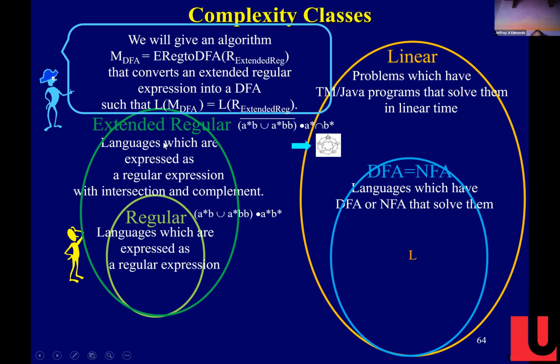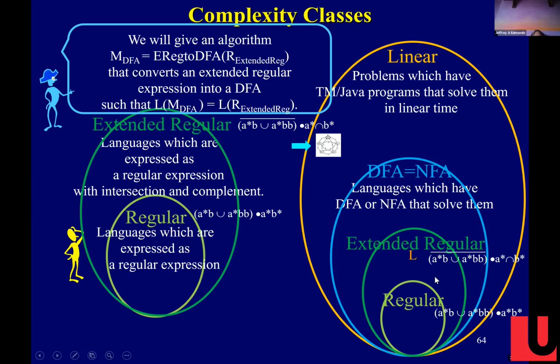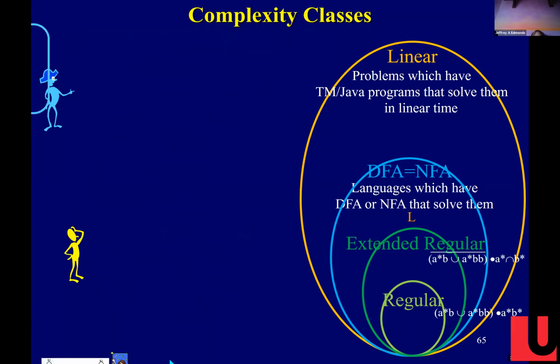That tells me if an extended regular expression can do it, then a DFA can do it. And that puts this whole set inside, because if a regular expression can do it, then an extended regular expression can do it, and if an extended regular expression can do it, then a DFA and an NFA can do it. That's what we're going to prove.